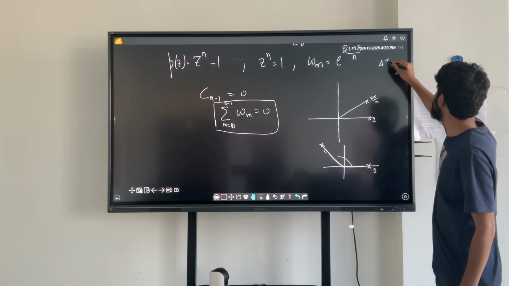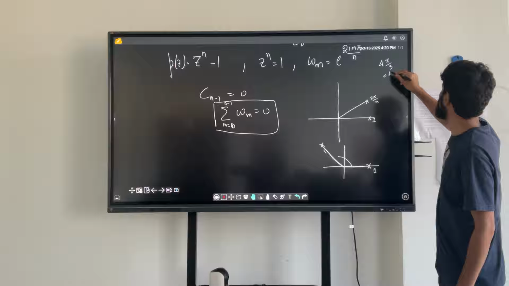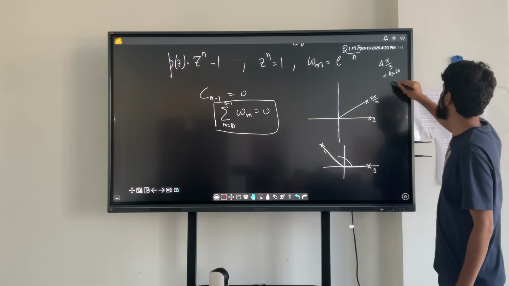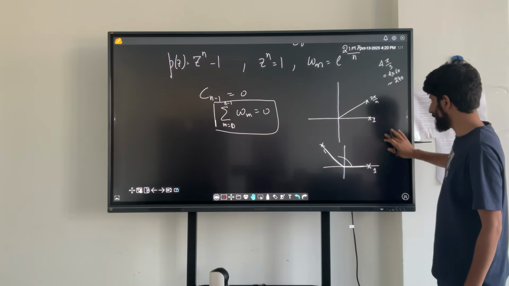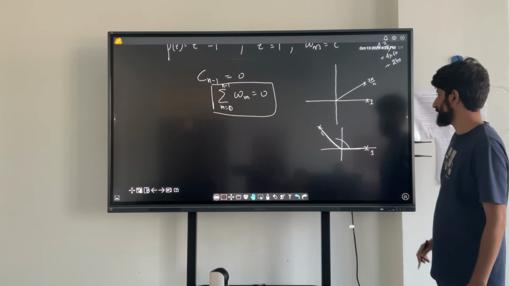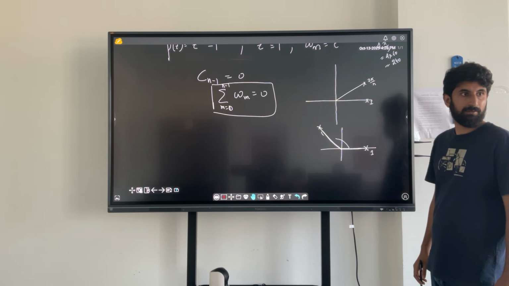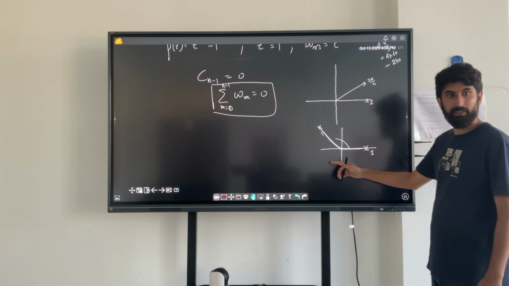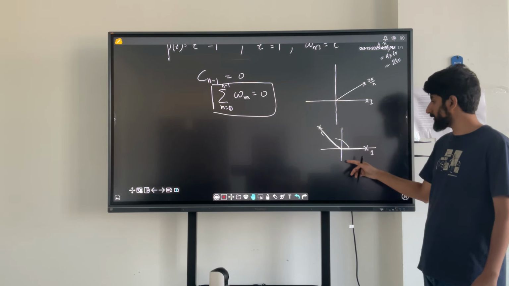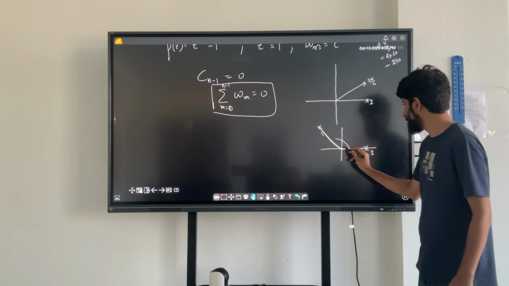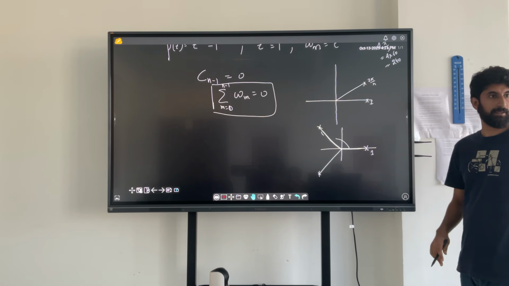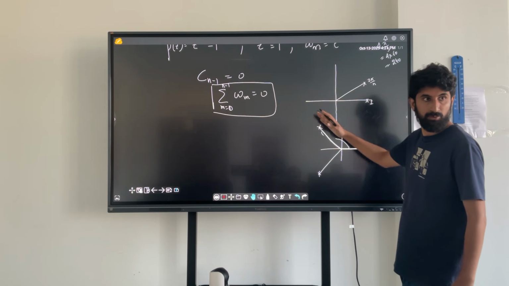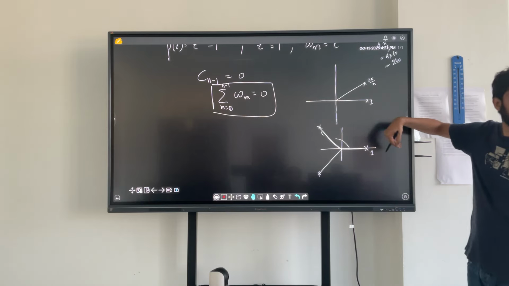In degrees, that is 4 times 60, which is 240. Where is that? Here. That has to be here. 120, 240, and back to 360.